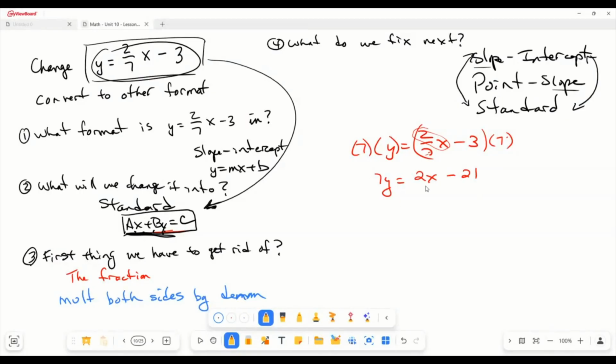What is wrong over here? We need to get that 2x over in front of the 7y. Yes. This right here is in the wrong place. It's got to be over here.